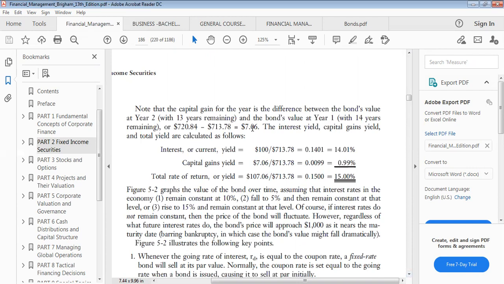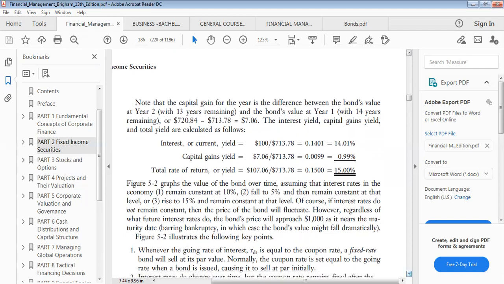Then you divide 100 by 713.78, which gives 14.01%, and divide 7.06 by 713.78, which gives 0.0099, or 0.99%. Together, you get 15%.